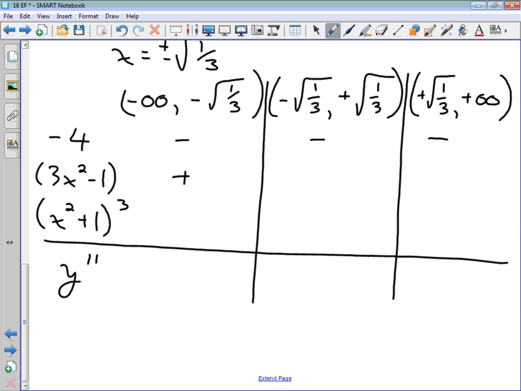What if we put in something between negative root 1/3 and positive root 1/3? Well, we can always imagine throwing in 0 in this case. And what do we get there, Bryn? Negative. And then in the third column, we can imagine putting in a really big positive number. But when we square it, it just gets even bigger and more positive. So we're going to have the same thing that we had in column 1. Positive again.